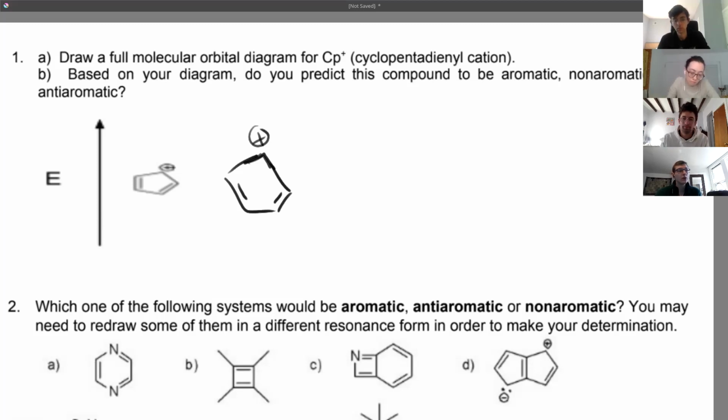Yeah. So it turns out this molecule is anti-aromatic. This sp2 hybridized carbon, well, this carbon here has to be planar.